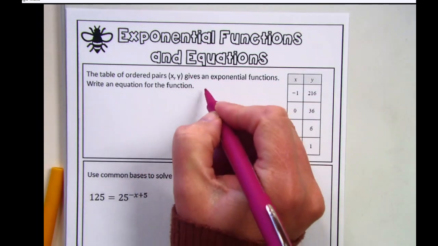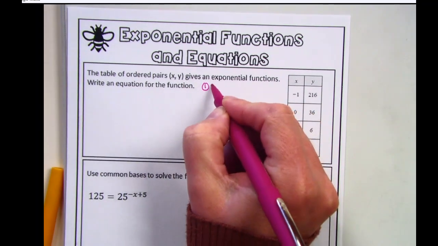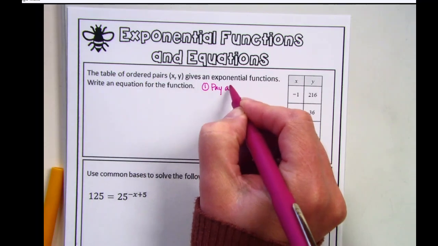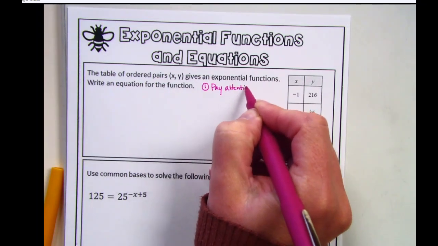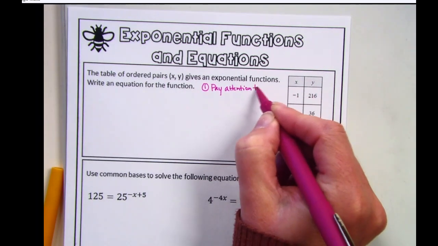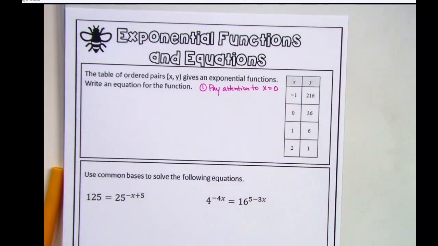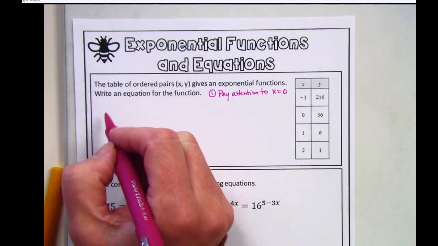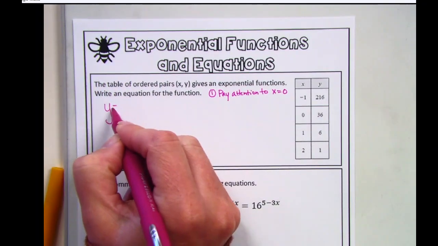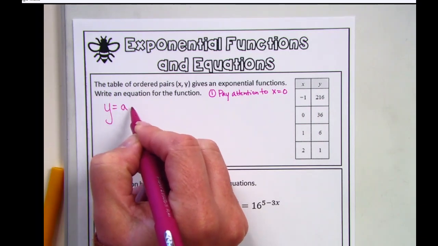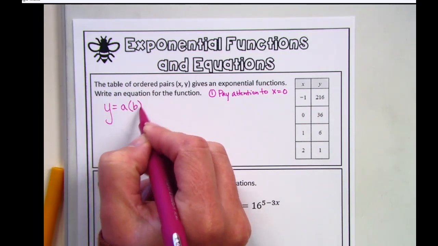So the first step is pay attention to the x equals 0 spot. Now we can't come up with an exponential function unless we remember that we've got this going on.